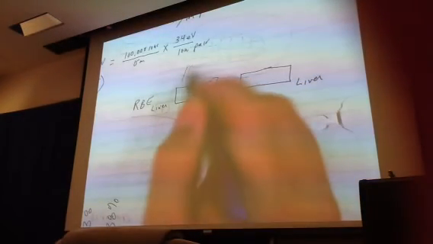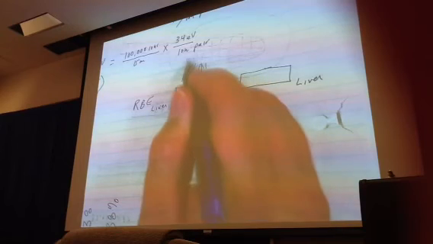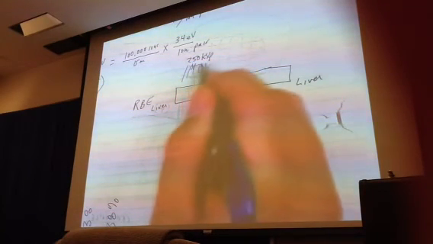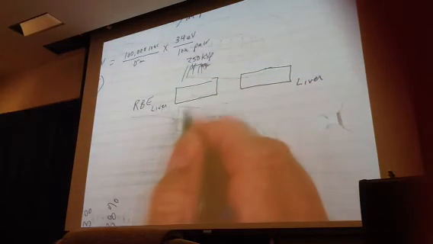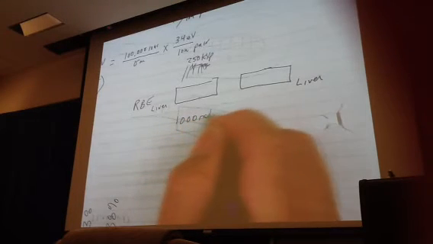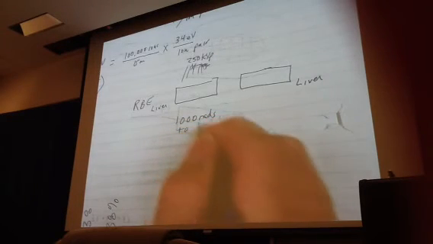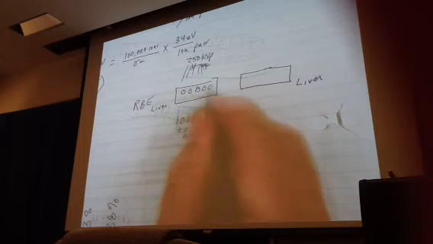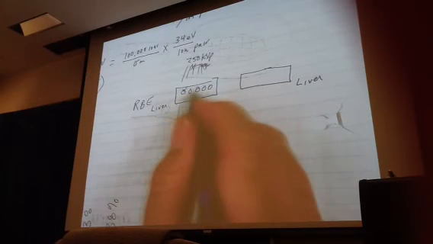We expose this group of liver tissue to the 250 kVp X-ray, and we find that it takes 1,000 rads to kill all the cells. So we have all these little happy cells in here. We expose them to radiation and kill them.